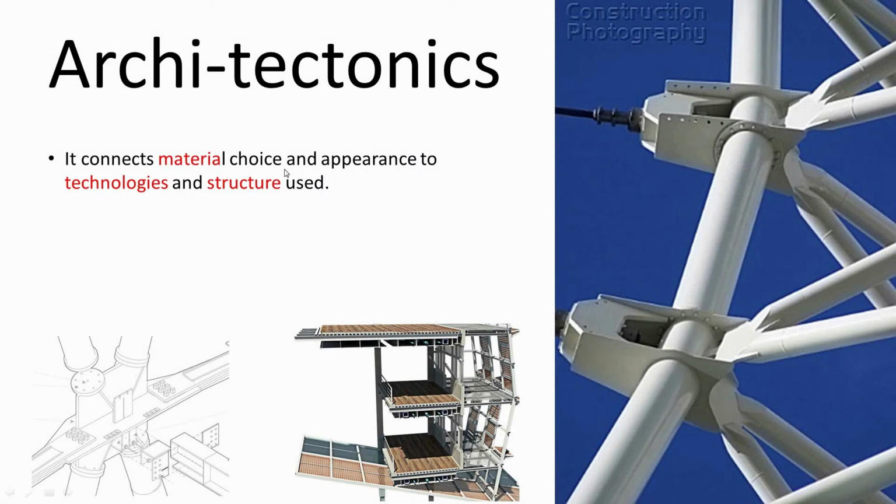Now, where those elements are actually coming together and joining is to do with the material choices and the appearance, the technology used, and the overall structure, which are all design decisions.